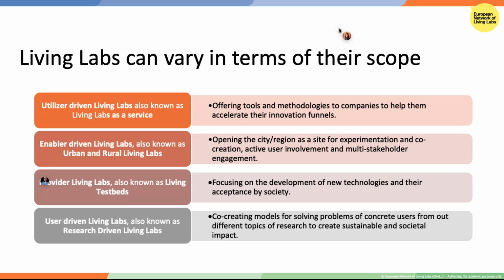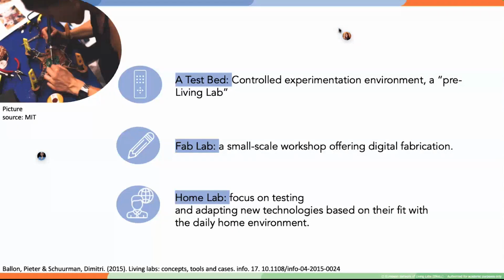And if we think about a rural living lab, the focus will change and will move to rural areas. So the quality of life there, the quality of work in such areas. And the topics will be, for example, agriculture, soil health, rural health. So they will differ according to the topic.